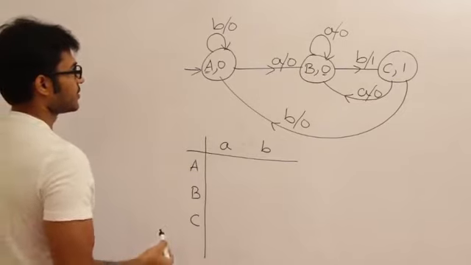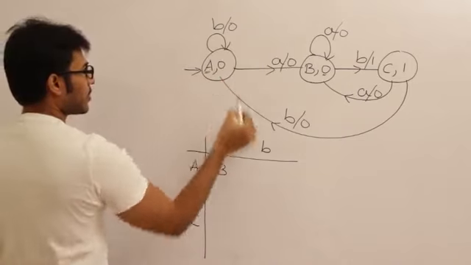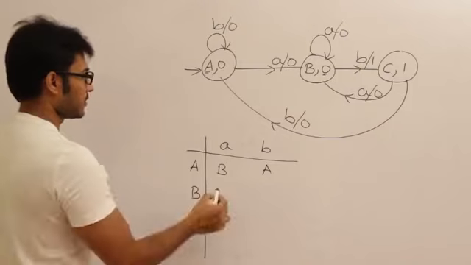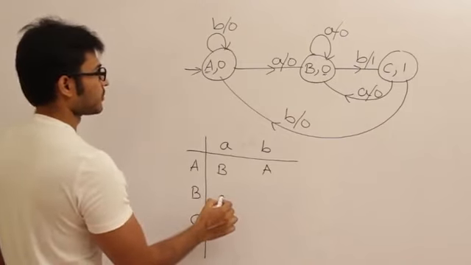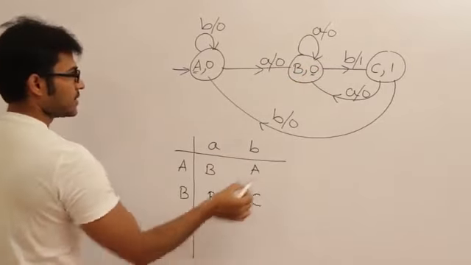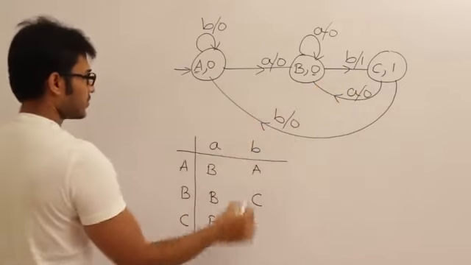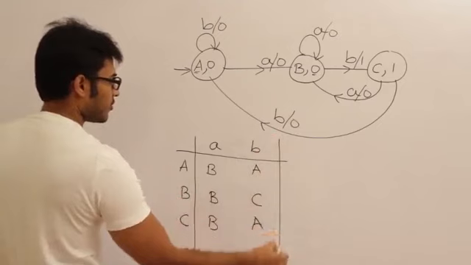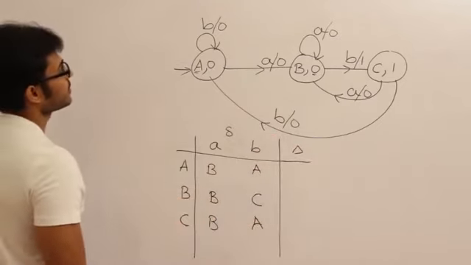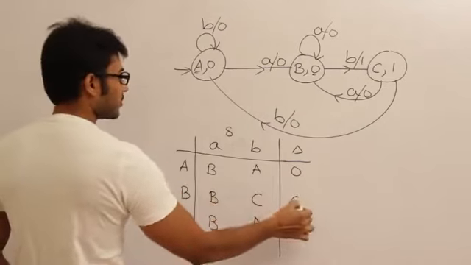Capital A on small a is going to B. Capital A on small b is going to A itself, and capital B on small a is going to B itself, and capital B on small b is going to C. Capital C on small a is going to capital B, and capital C on small b is going to capital A. And what are the outputs associated with the states? This is the delta function and this is the output function. So the output associated with A is 0, with B 0, and C 1.